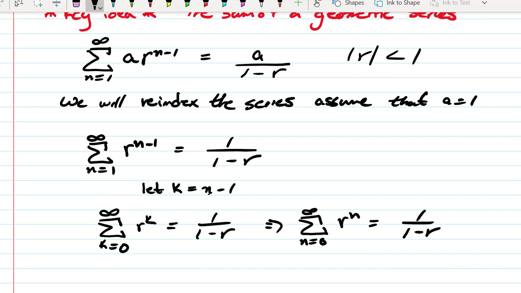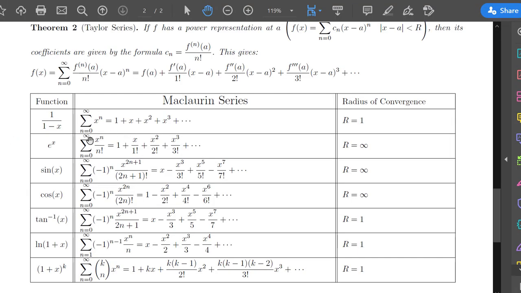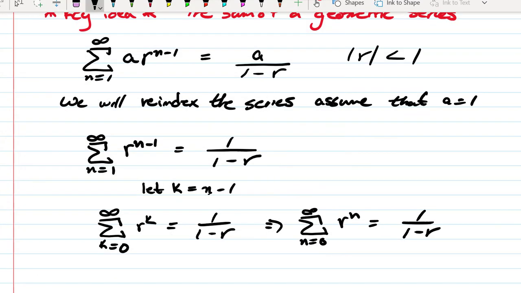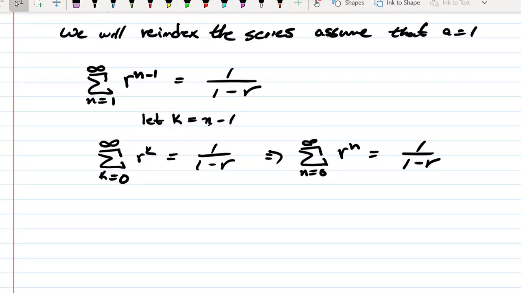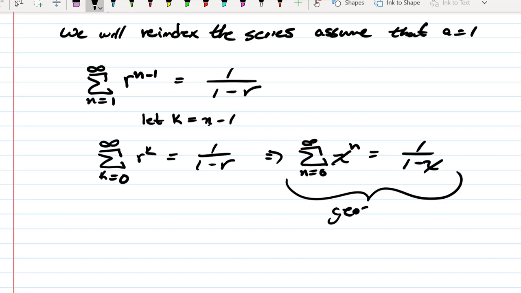And if we look at our sheet of known series, we'll see that instead of using r, they use x, and we're going to have the sum as n goes from 0 to infinity of x to the n. So we really get the same idea, and we'll replace those r's with x's. So this is the sum of our geometric series. So this is a geometric series right here.